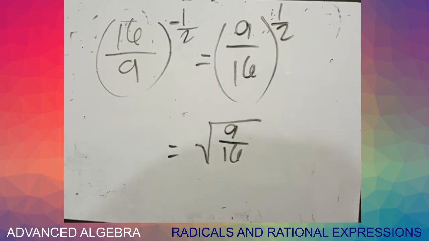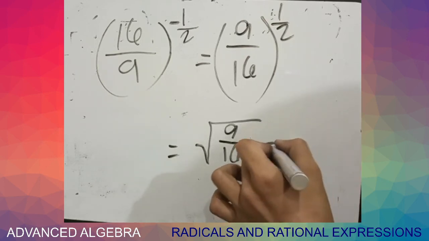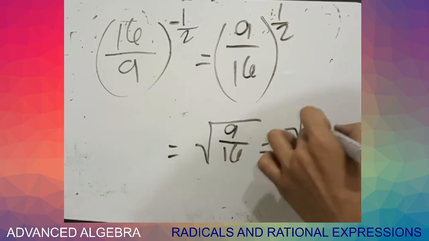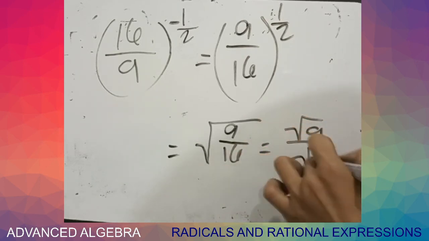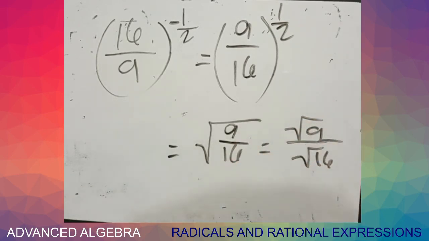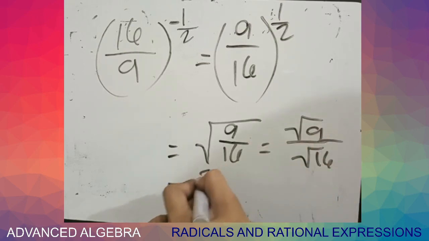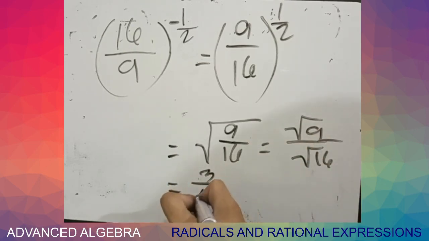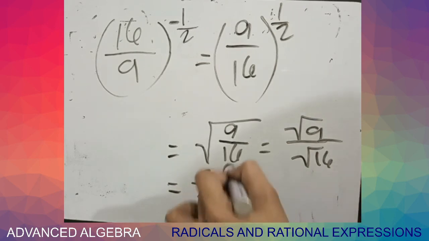So, may square root kaya si 9 at saka si 16? So, pwede natin siya i-transfer as the square root of 9 over the square root of 16. Since si 9 at saka si 16 ay perfect square. Kasi 3 times 3, 9. 4 times 4, 16. Okay. Ang sagot dyan ay, ang square root of 9 is 3. Then 16 is 4. So, ito na yung sagot. 3 over 4.